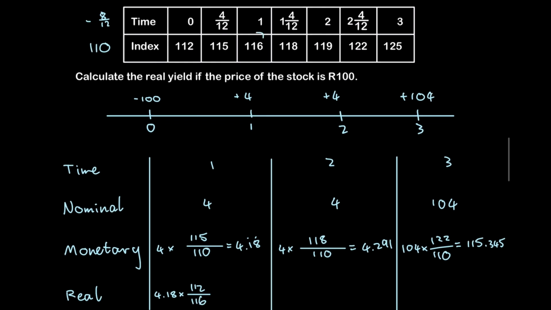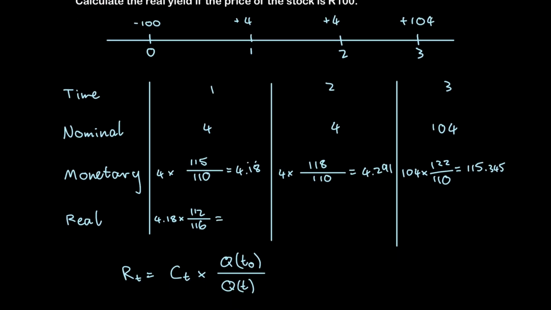So we divide by 116 and we multiply by 112 because we are going from the index at point 1 to the index at point 0. And that gives us a value of 4.0376.